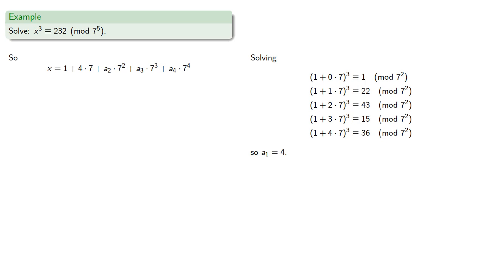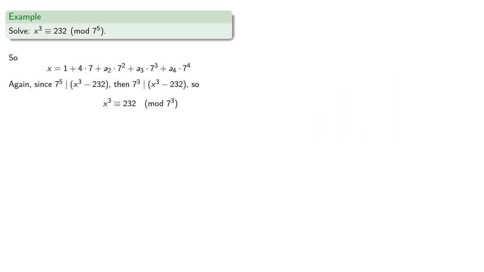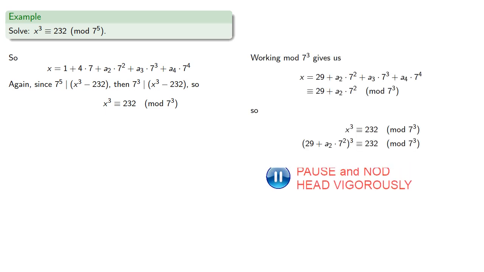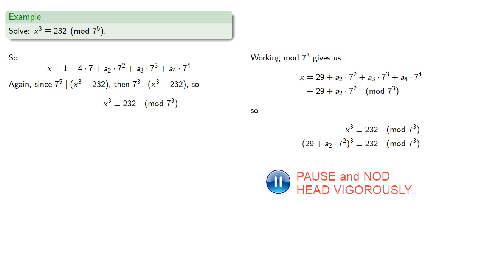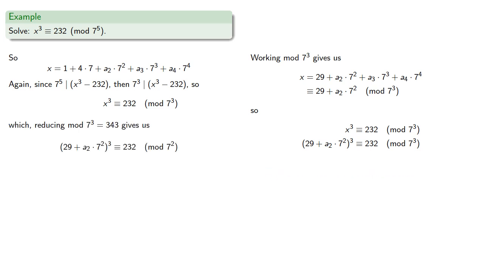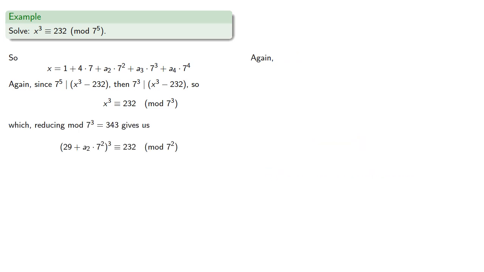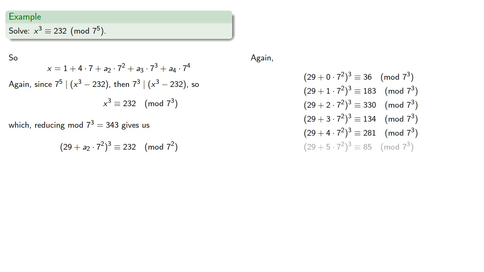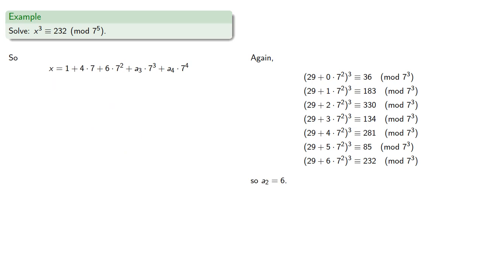So we know that x looks like this. Working mod 7 cubed eliminates the last couple of terms, and so our congruence becomes, which we can solve as, giving us our next digit. So again, x looks like this.